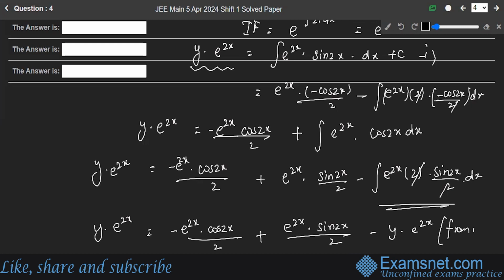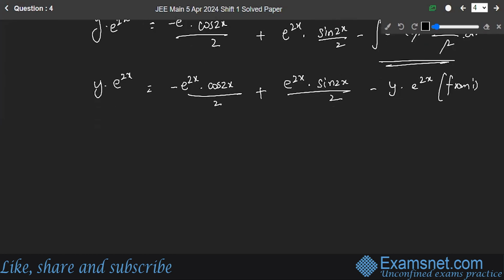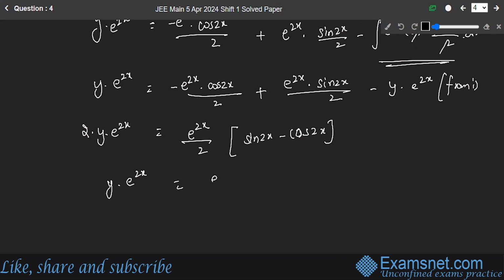So this is equal to 2y e^(2x) is equal to, I'm taking e^(2x) upon 2 common, this is sin 2x minus cos 2x. Right, so you have this thing is equal to e^(2x) upon 4 (sin 2x minus cos 2x) plus the constant c.